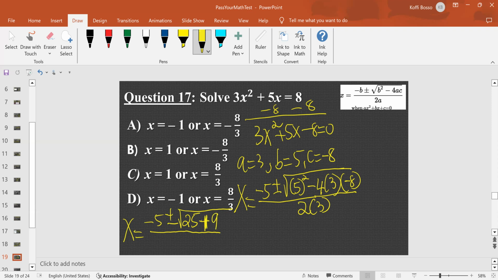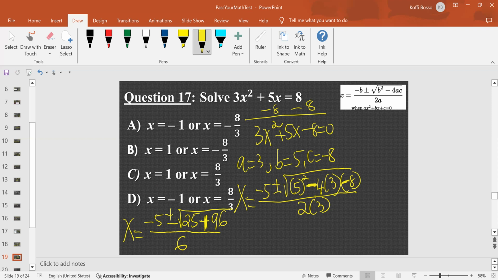So again, let's explain what is going on here. We have a negative 4. Negative 4 multiplied by positive 3 gives you negative 12. And that negative 12 multiplied by negative 8 gives you positive 96, divided by 6.